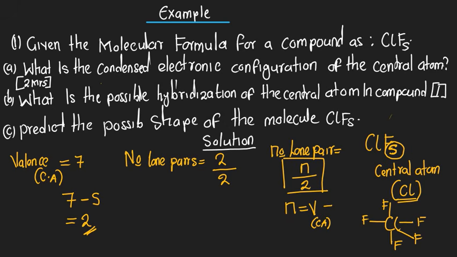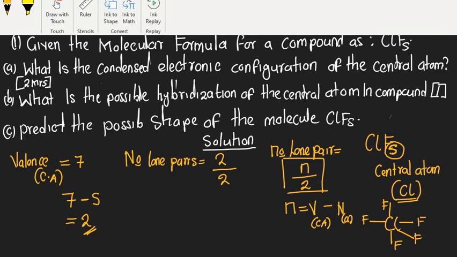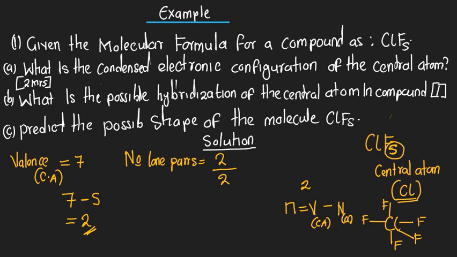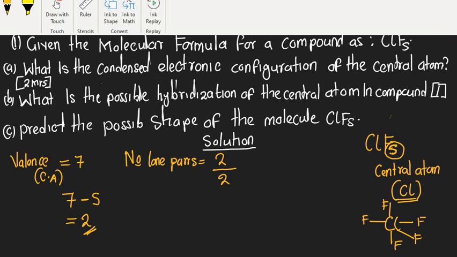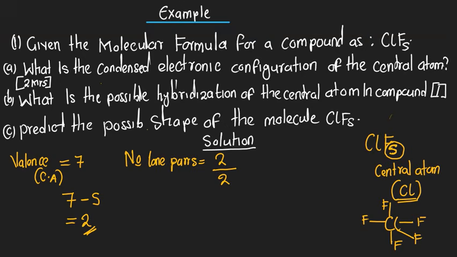I'm sure you understand. We shall be using this concept for everything. So the number of lone pairs is going to equal 1.